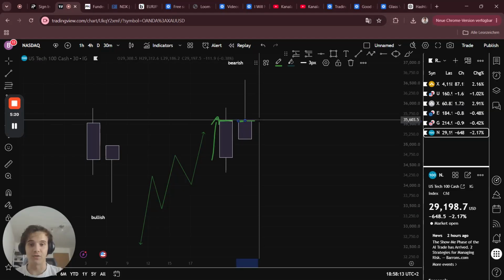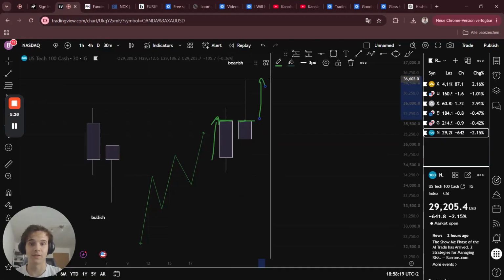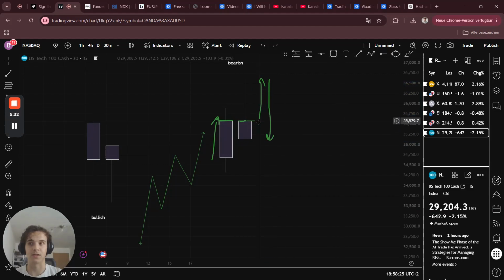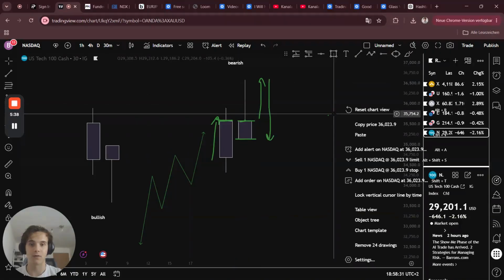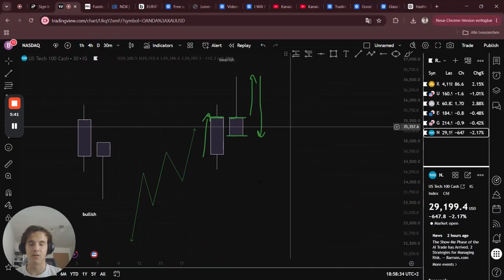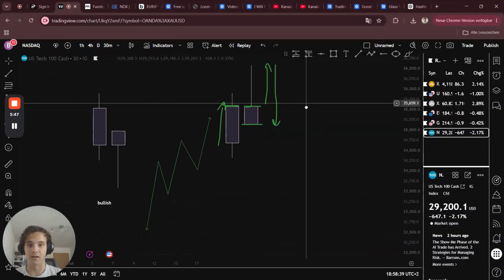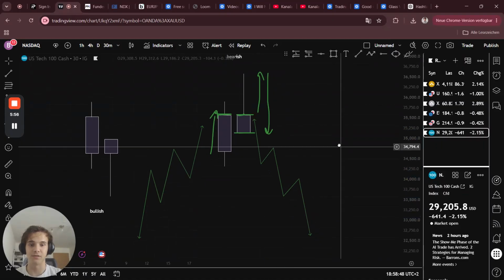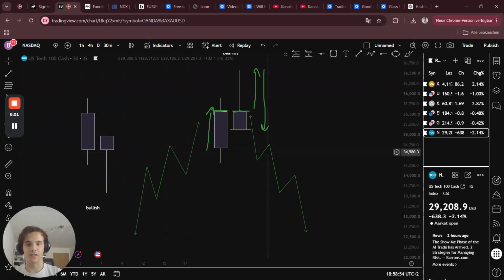Buyers have managed to push price all the way up here, but sellers were so significant that they managed to push price all the way down here, closing the candle here, right? You understood that? What is then going to happen is price is most likely, if that's on a significant supply or demand level, going to reverse and continue down. That's the formation. Perfect. Okay, so we understood that.